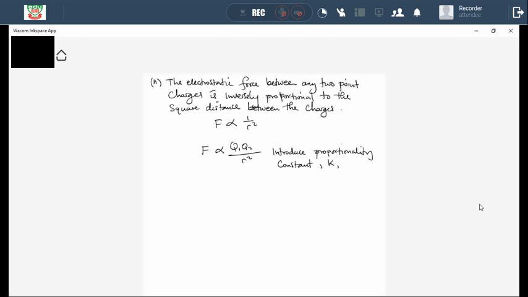So we get a formula which says F is equal to K times charge 1 multiplied by charge 2, everything over distance squared.